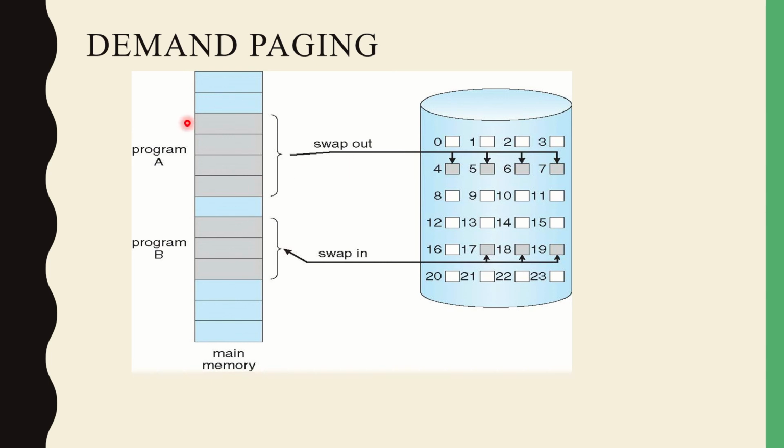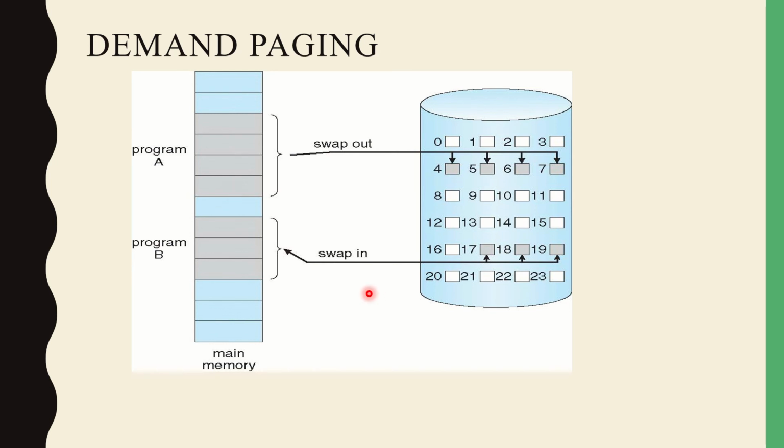Once program A has completed its execution, those frames are copied back to your secondary storage. That process is called swap out. Now these frames will be free.